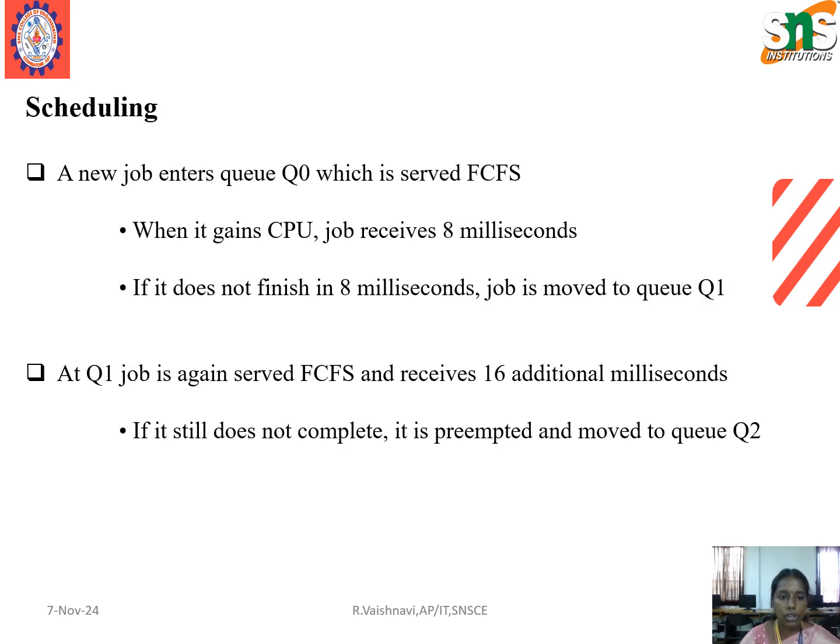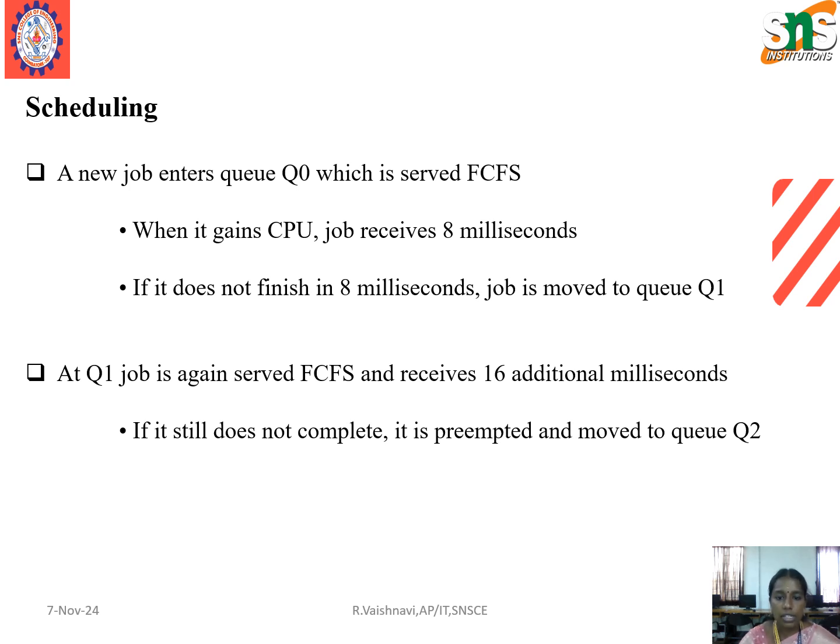Next one is scheduling. A new job enters Q0, which is served in FCFS, but we have to see that the foreground is the round robin algorithm. When it gains the CPU, the job receives 8 milliseconds.